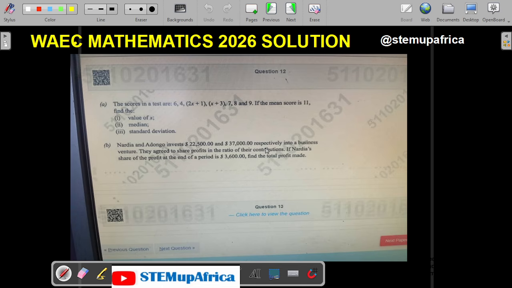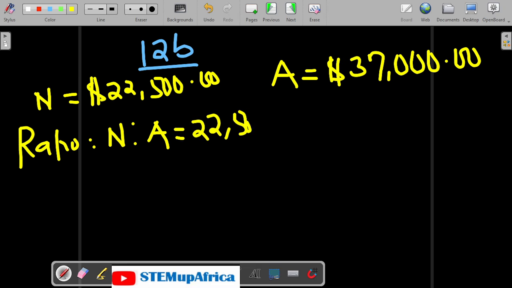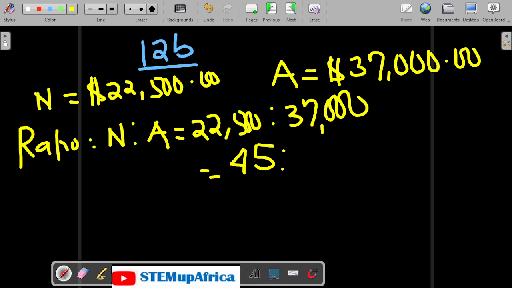So let's get the ratio now of their contributions. Ratio will be N ratio D, which is 22,500 ratio 37,000. What are we having? If you divide both by 500, that will give us 45 ratio 74.